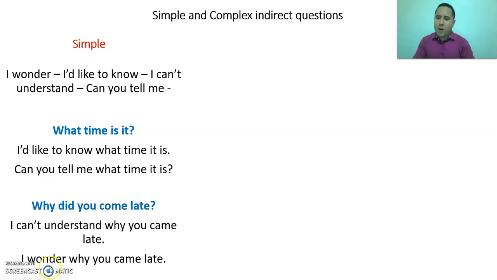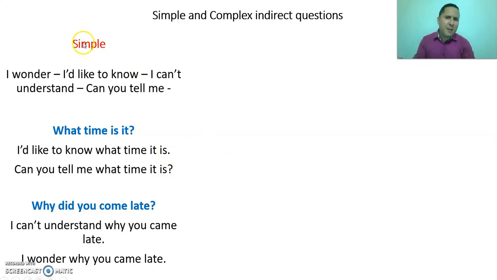Next, I wonder why you came late. So if you notice, guys, if you use one of the phrases that start with a question, like can you, then you need to use a question mark. If not, you finish the sentence with a period.